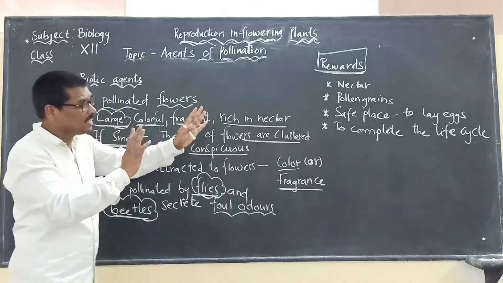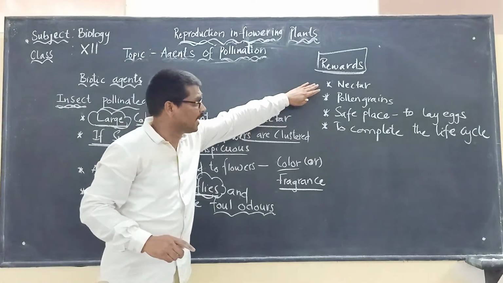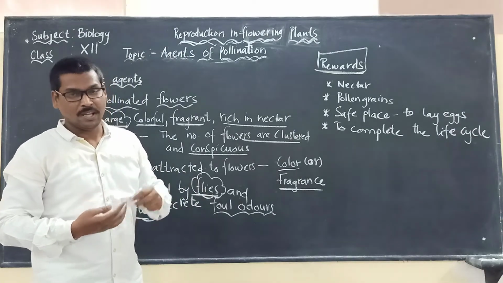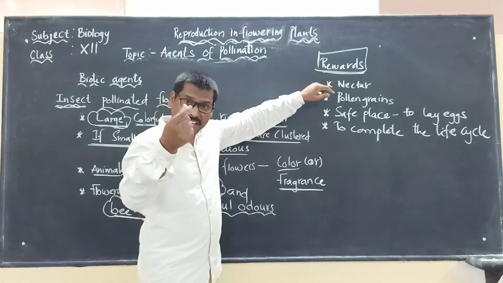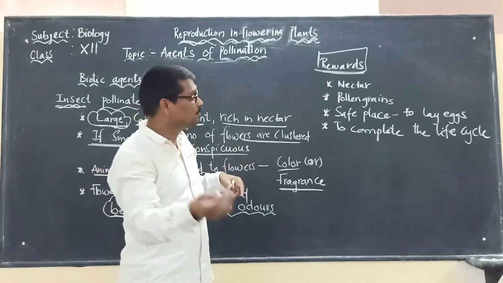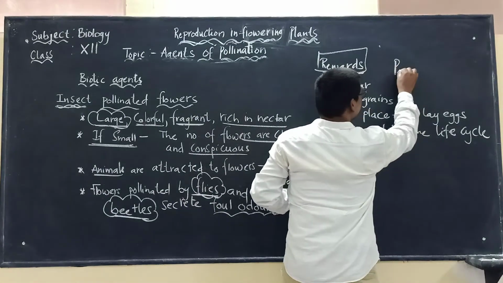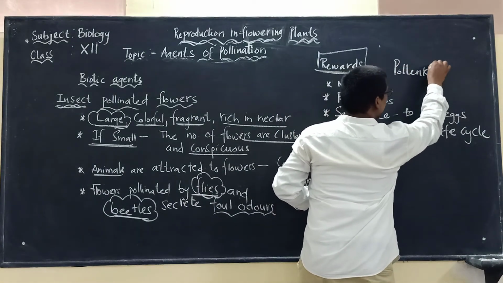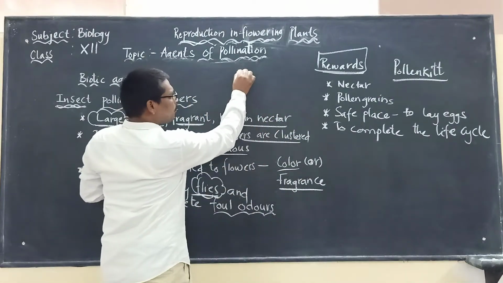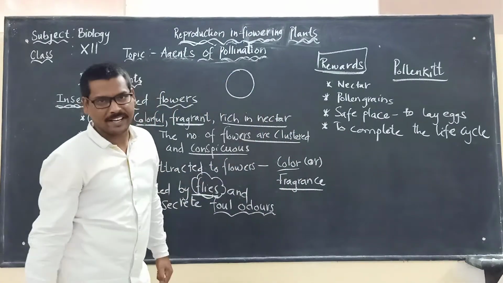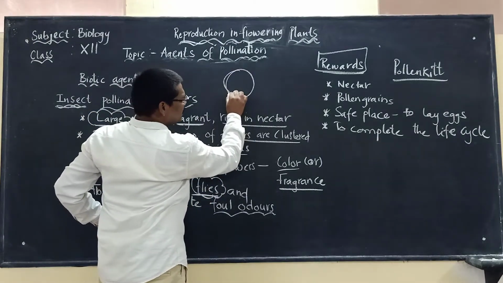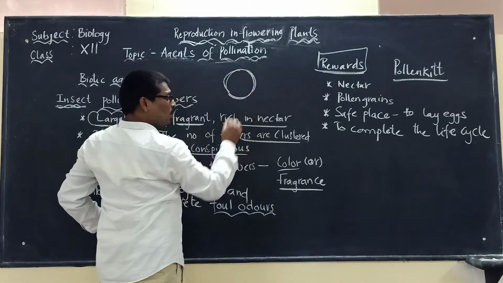Now, when you say nectar and pollen grains, how will the pollination take place with the help of the animals? When an insect visits a flower, it will be coated with the pollen grains on its body because of the pollen kit. We already know that the pollen grain has two layers, the outer wall and the inner wall.